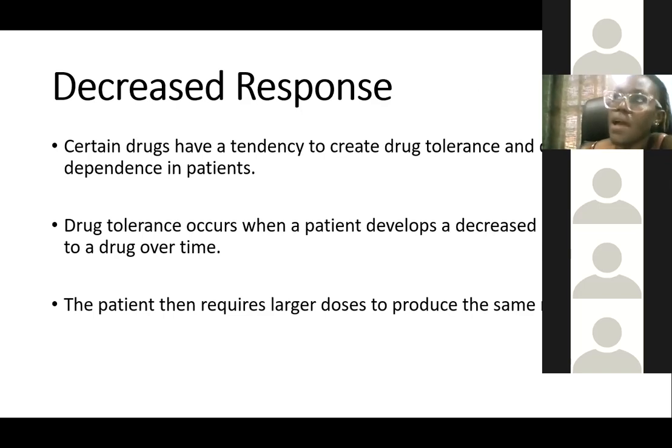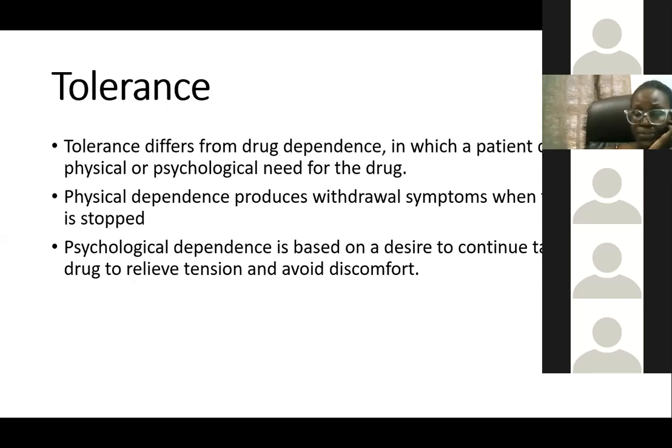Let's say you used to give 5 milligrams of morphine and it will reduce the pain in the patient. Now, as time goes on, you have to give 10 milligrams. So with time, the patient requires larger doses to produce the same effect. And this brings us to tolerance. Tolerance is a situation whereby the patient sort of gets used to the medication.